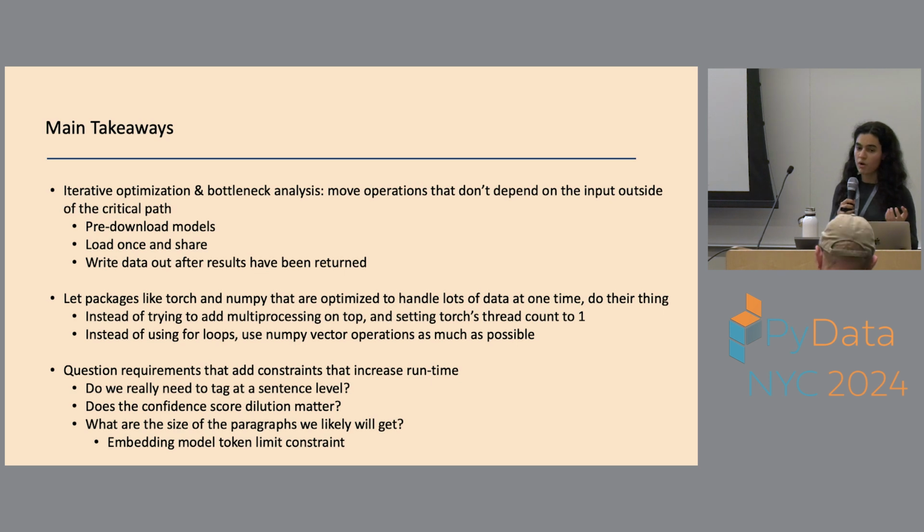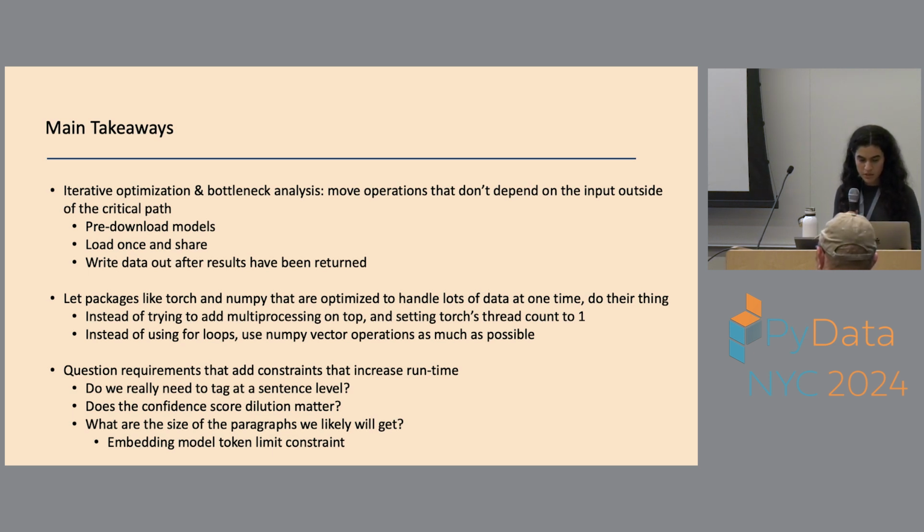So in this case, one might argue that it's actually more correct to embed and predict at a paragraph level, because if I have 20 sentences that talks about one topic, and one sentence that talks about a different topic, do I really want that sentence to skew my result differently? And obviously it depends on what you're trying to do, but good to try and understand the reason behind those requirements.